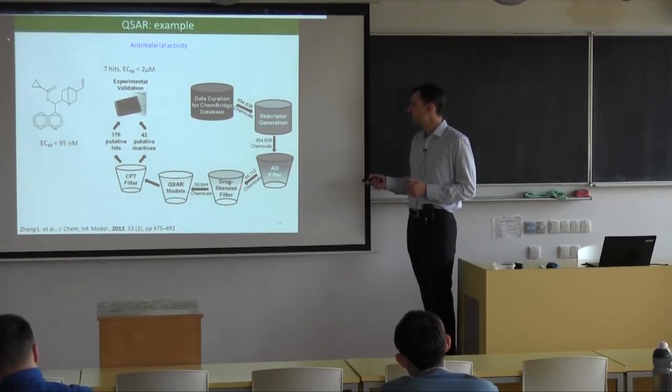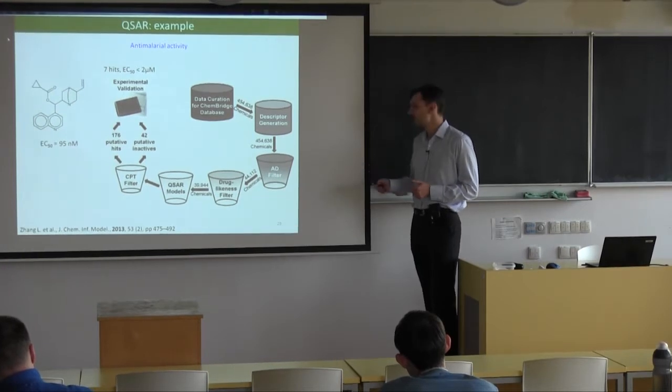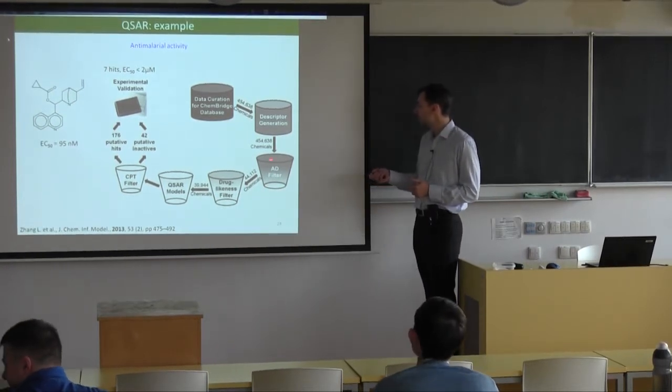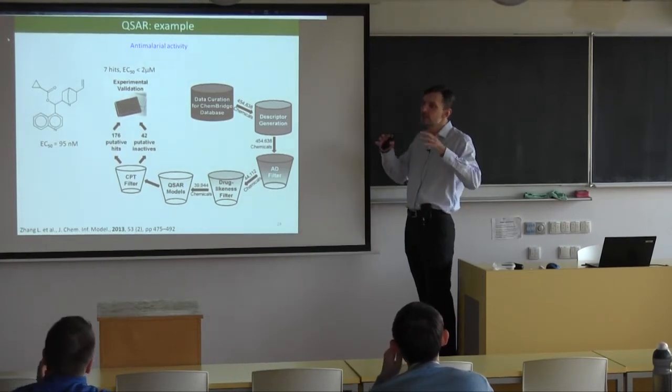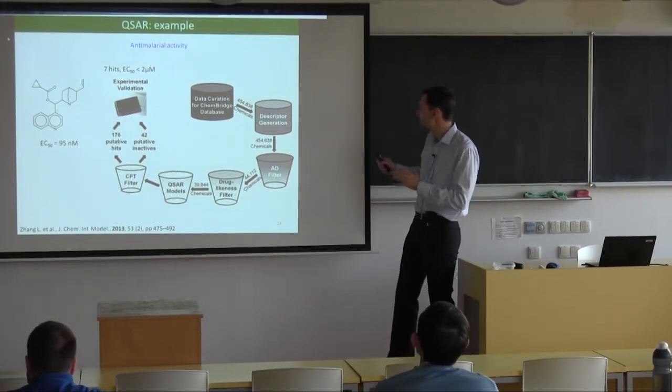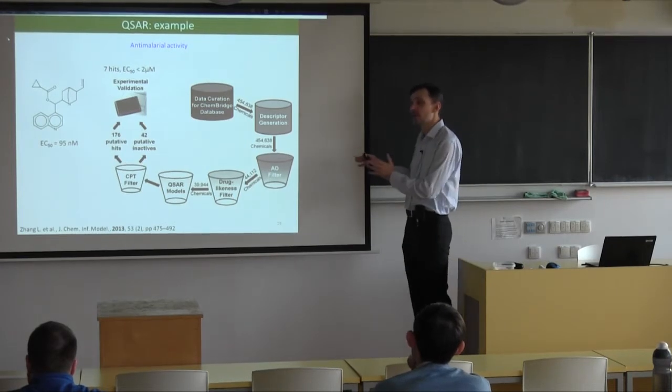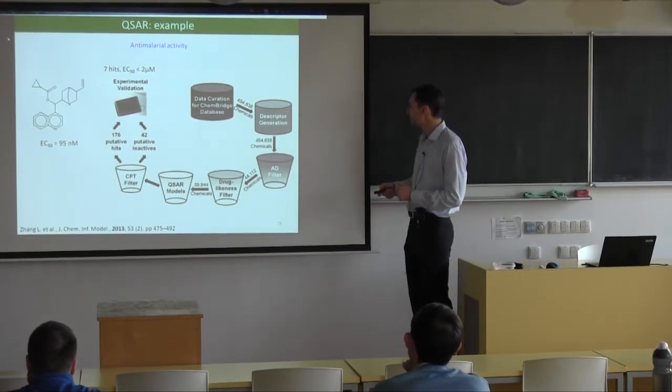Just 10% of compounds pass this filter, so it shows you how models are limited in their usage. They cannot reliably predict the whole chemical universe, just a small part. And even in this small part, there will be some errors, of course.